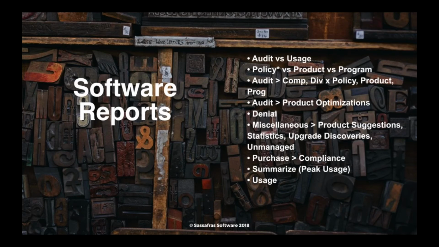If you've got a computer that has Adobe Creative Cloud installed and a user has only ever used Acrobat, then you'll see that show up in the report as a suggestion. For this computer or for these computers which have only ever run Acrobat, you might consider just installing and purchasing Acrobat for those users or computers. And that is under Audit, the Audit menu.